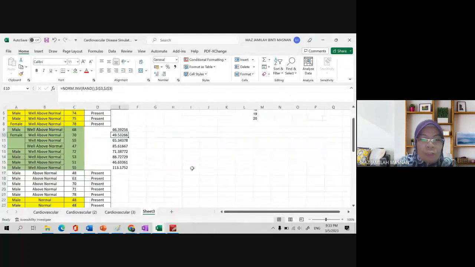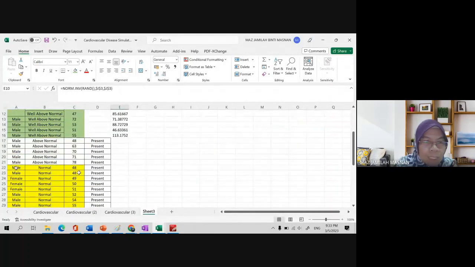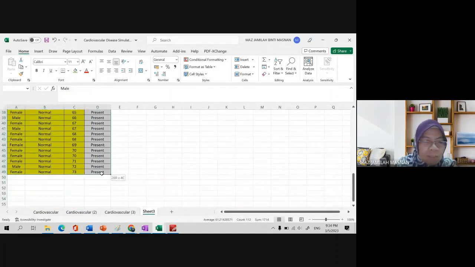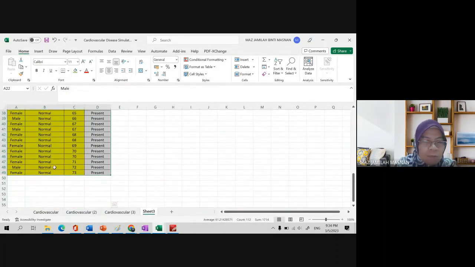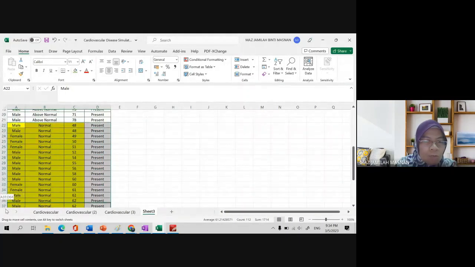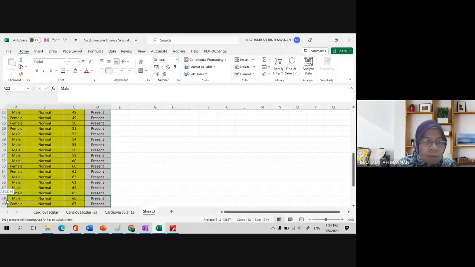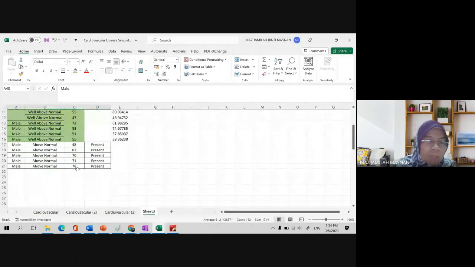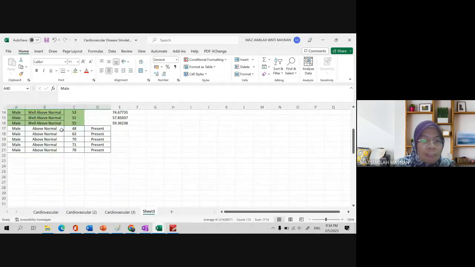So you can do the next group, for the above normal. At the moment we have only until 49. Let's say you want to add more observations for above normal. Let's say you want to stop here, and I just put everything so that it would be easy for me.